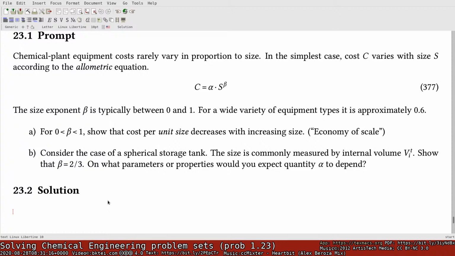So the equation, let's just say it's useful to define, or at least describe, the variables used in the allometric equation. And let's insert multiple equations.